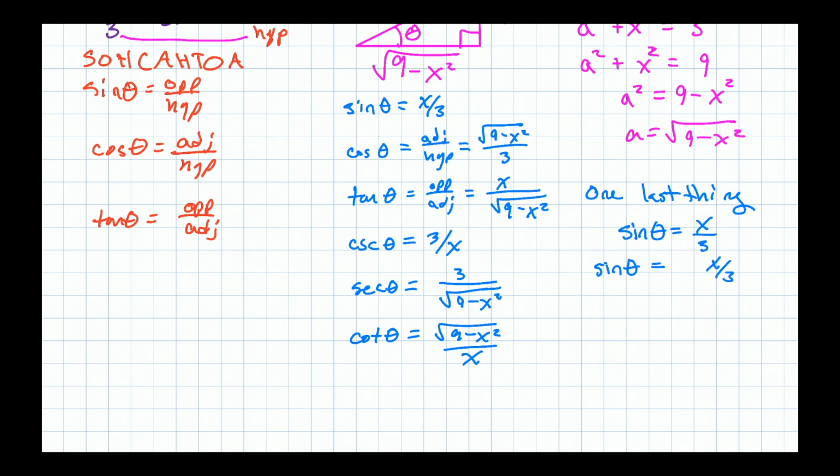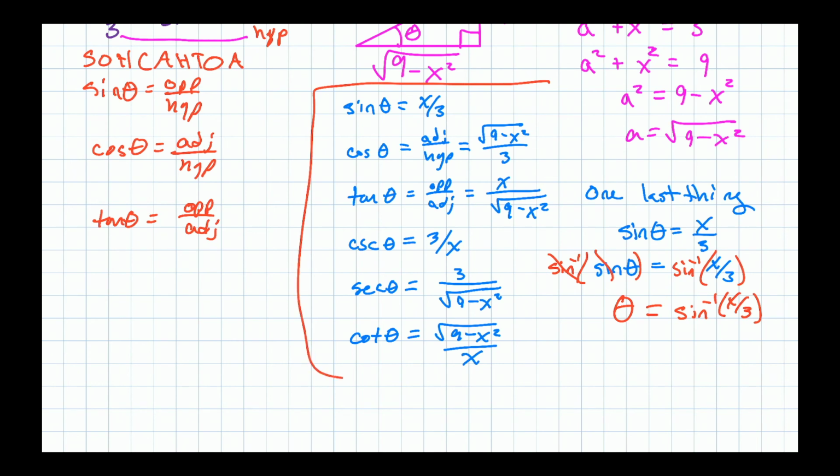If you apply a sine inverse on both sides, then on the right, nothing happens, so you just have sine inverse x over 3. On the left, the sine inverse and the sine cancel and just leave you with theta. So from this triangle here, you get all 6 trig functions.